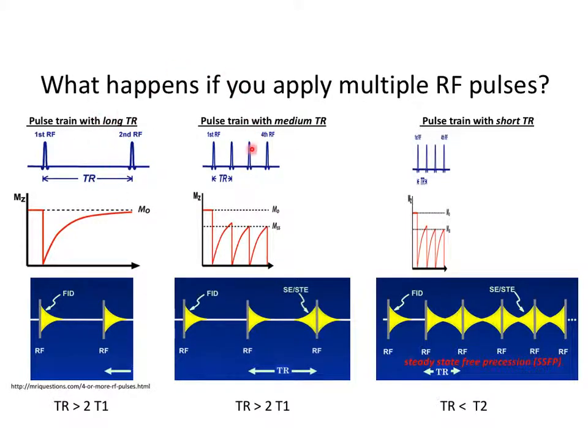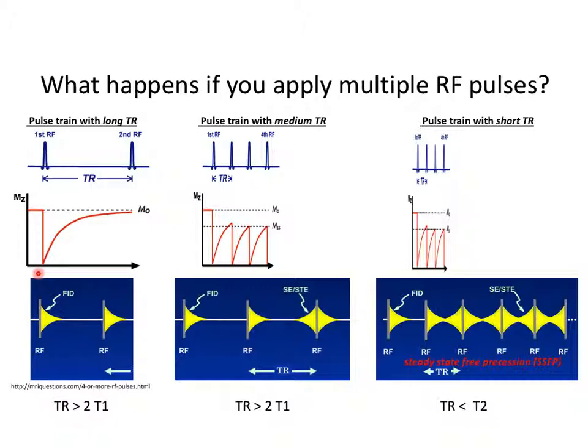So let's look at the 3 different classes of pulse trains that we can use to make pictures. If we use a long TR, when I say long, what does that mean? It means TR on the order of T1 or greater, say 2T1.